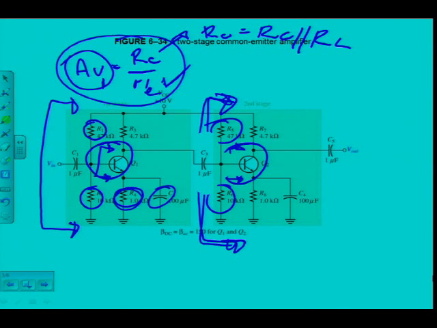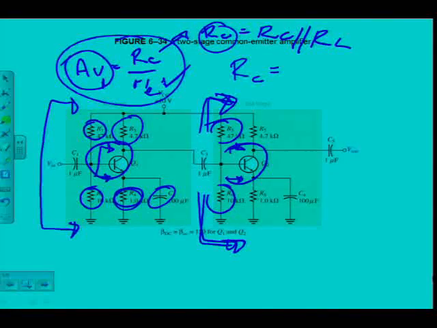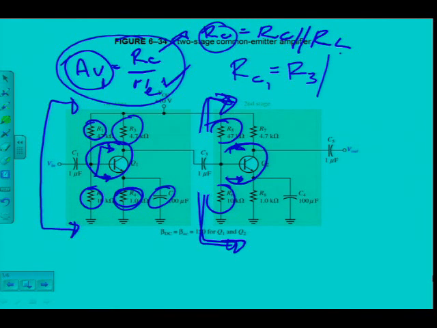You agree? At the top of the line, RC, which in this case is R3, is there a load resistor? There's no load resistor, but there's a second stage, which has an input resistance. So my first stage sees this input resistance as the load. So I have to calculate R'c, which in this case is R3 in parallel with Rin total of my second stage.